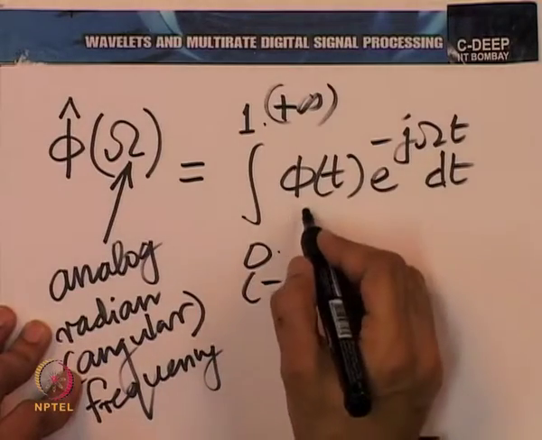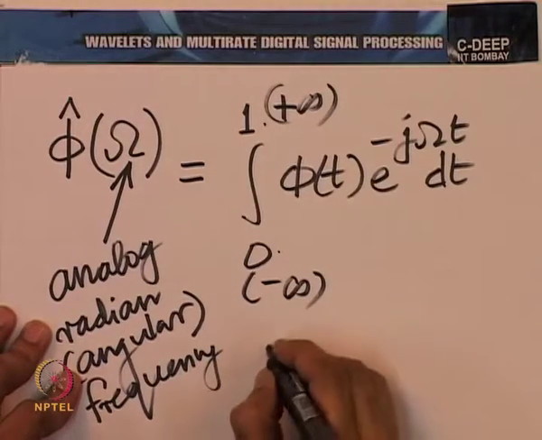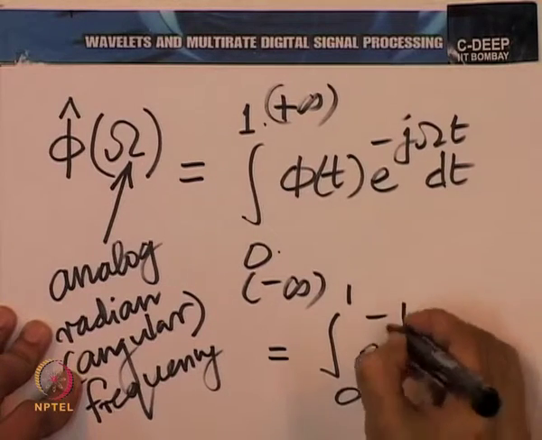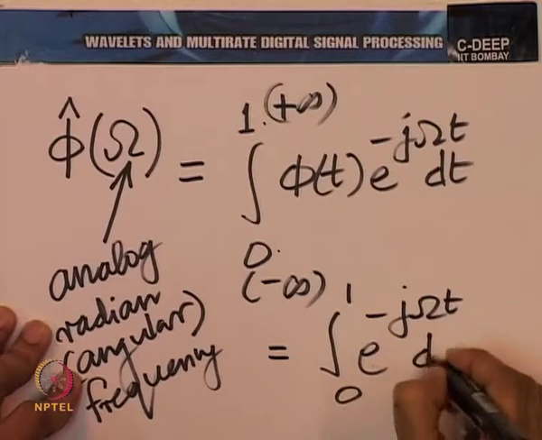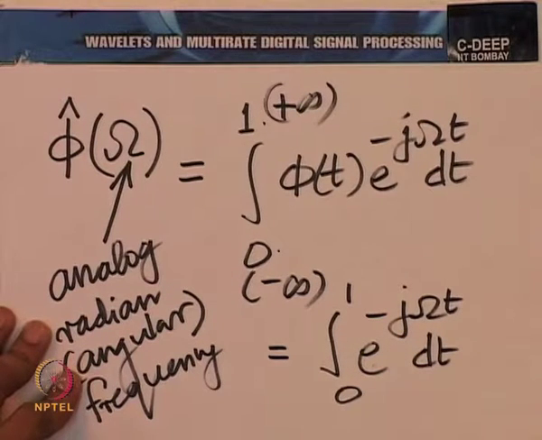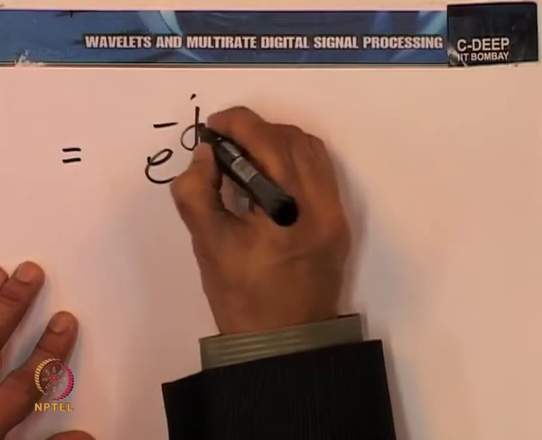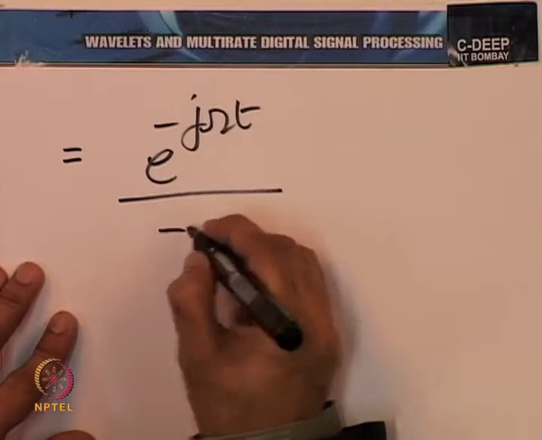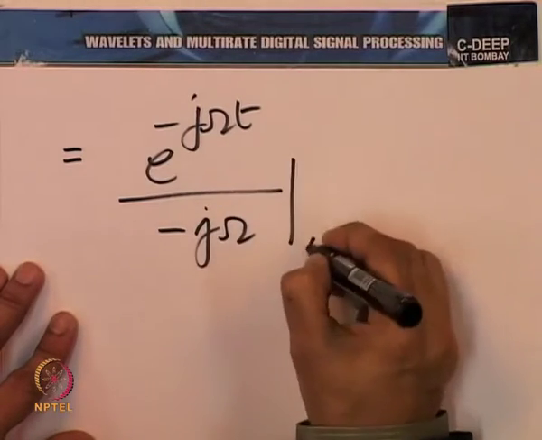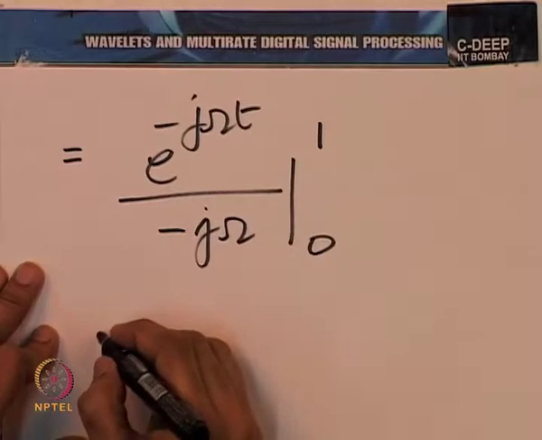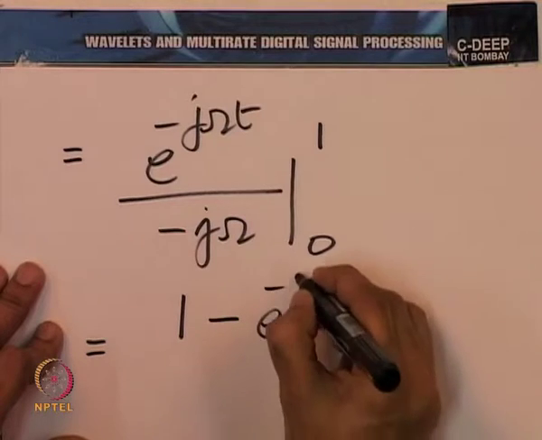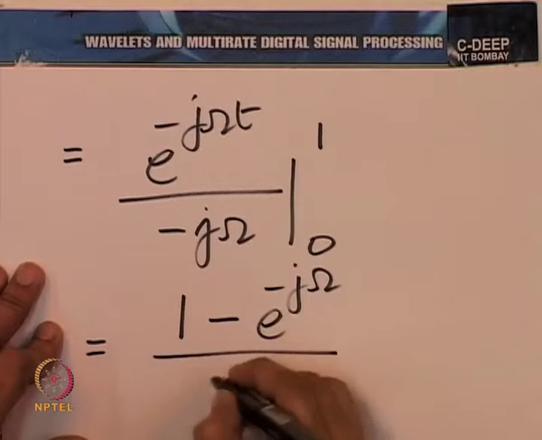between 0 and 1 only for this specific function, and this is of course equal to integral 0 to 1 e raised to the power minus j omega t dt, which evaluates to e raised to the power minus j omega t by minus j omega from 0 to 1, and that is 1 minus e raised to the power minus j omega by j omega.